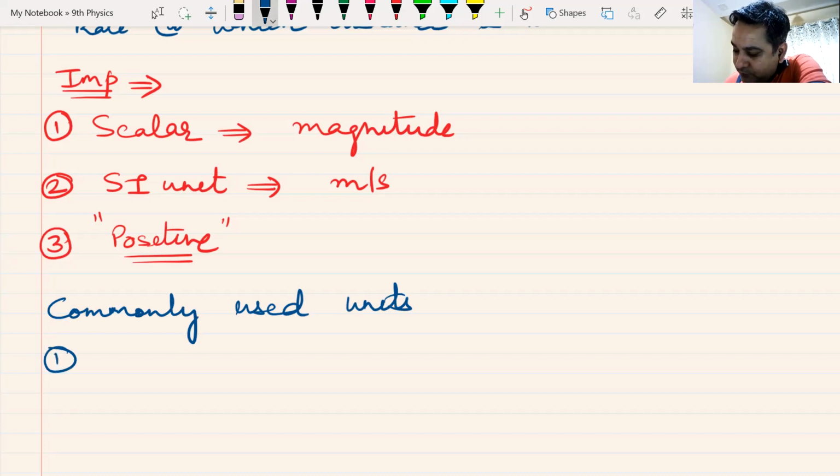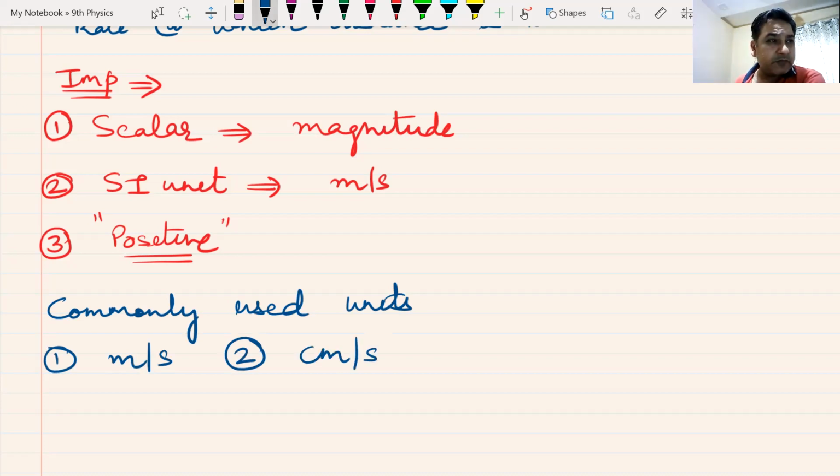Number one, meter per second, which is the SI unit. Number two, centimeter per second, which is the CGS unit. I told you, MKS system, CGS system. Do you remember it? Third one, which is also used, is kilometer per hour.